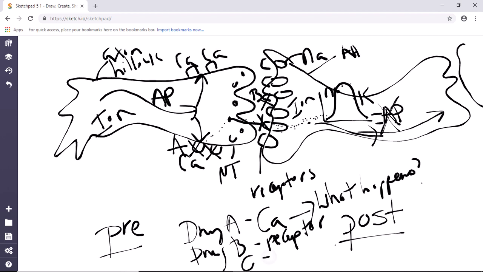Drug C, for example, let's say that it prevents reuptake. Well, reuptake, remember, is recycling of the neurotransmitter back into its vesicle. So if you can't do that, what would happen?